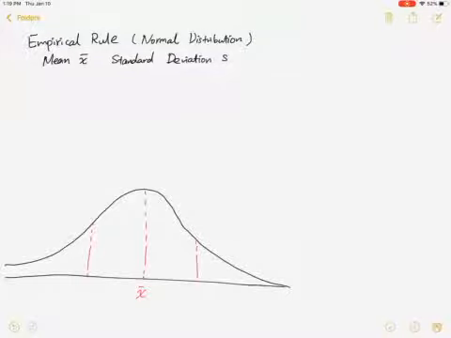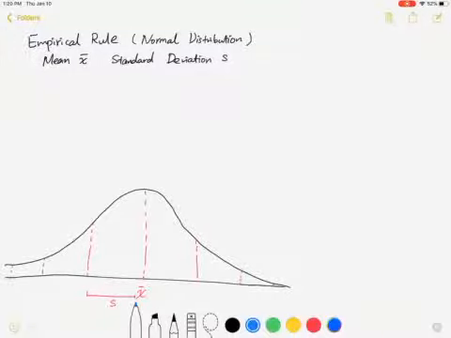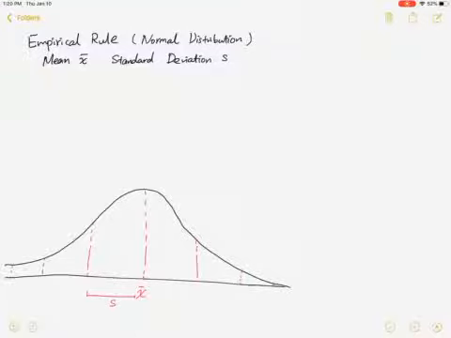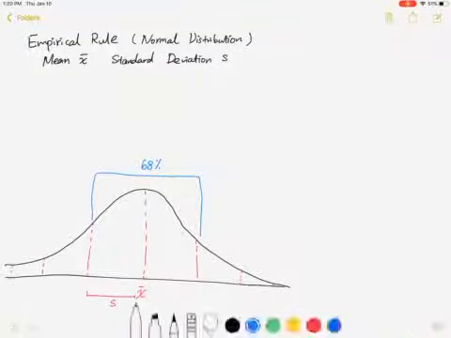Then from the mean I can count how many standard deviations the data is away from the mean. If it's only one standard deviation away, either above or below the mean, we're going to say 68% of the data is going to fall into this range. So the majority of the data is going to fall into this range.